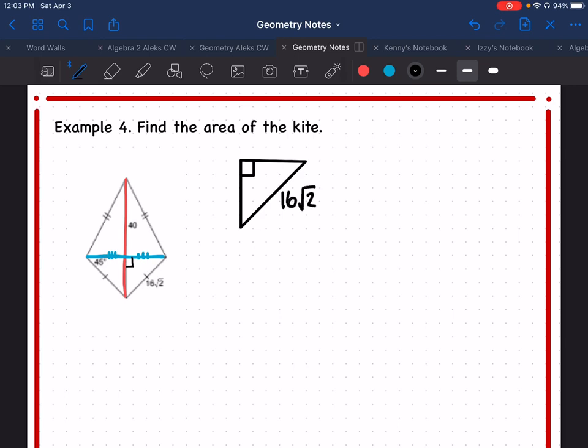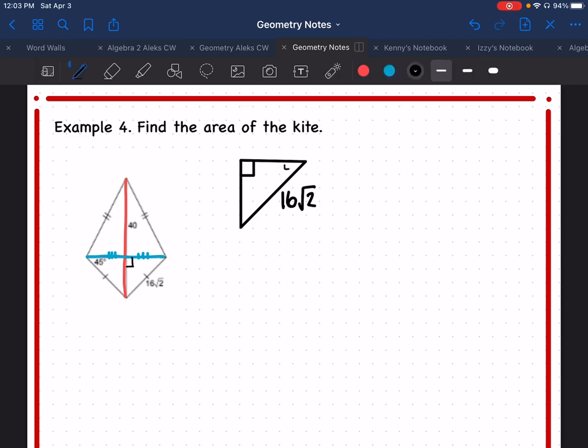This right triangle is a 45, 45, 90. Notice how they told you this angle is 45? Well, guess what? The properties of a kite say this one is 45 because this angle and this angle are equal. And so that blue diagonal is bisecting it.